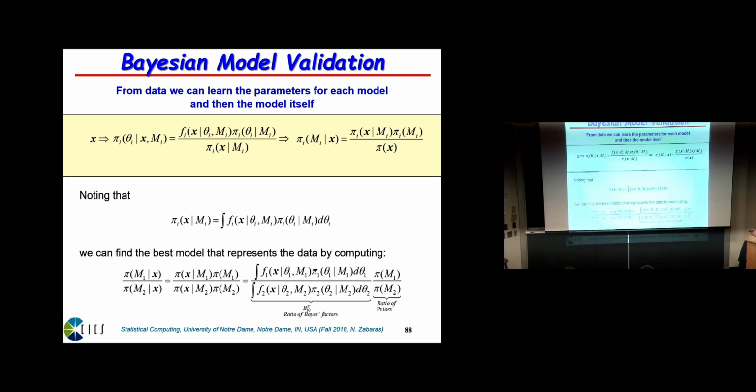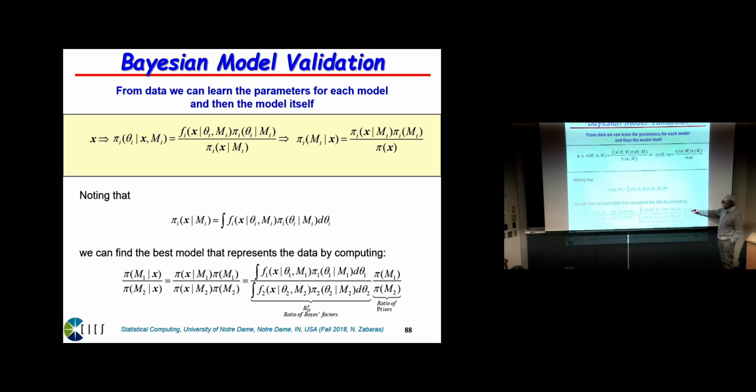If you know the likelihood of each model and the prior of the parameters of each model, you can easily compute this. A nice way to compute it is with Monte Carlo integration. So if you calculate the ratio of the 2 and it comes out way greater than 1, then you say model M1 is the most probable model, with a much higher posterior, and so you select model M1 to do your analysis.